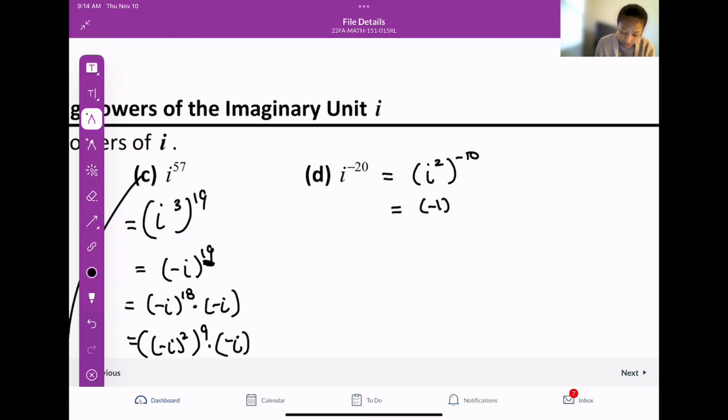So -1 to the -10th power. Oh, 10 is even. So that would be a +1. If you're thinking, oh, negative exponents, am I going to get 1 over something? This would be 1 over -1 to the 10th, which is just 1 over 1, which is still 1. So you can write it that way as well, if you wanted to.